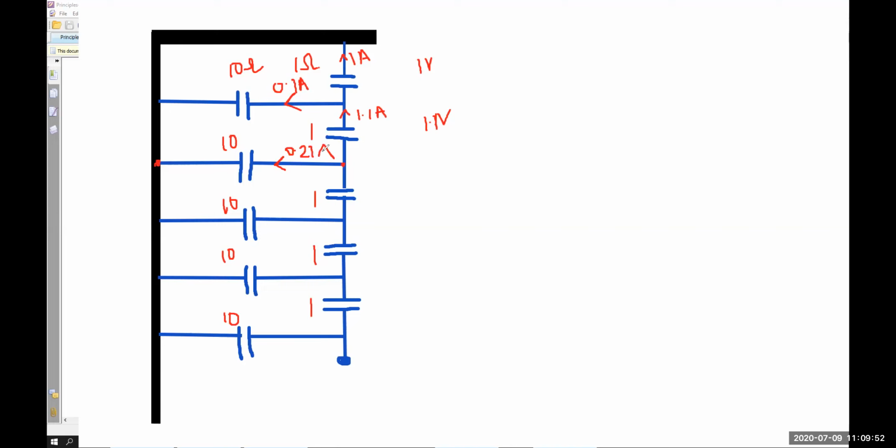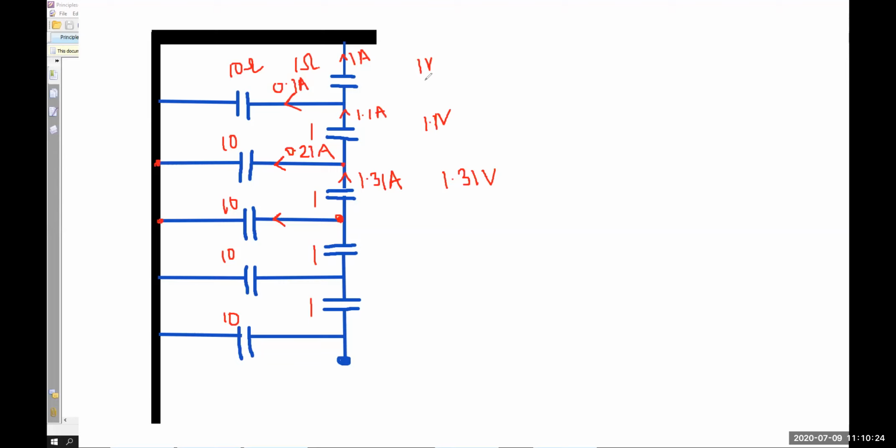So your current will be 0.21 ampere, okay? So how much current will you have here? 0.21 plus 1.1, 1.31 ampere. So how much volt will you have here? 1.31 volt, right? In between this point, how much volt do you have?